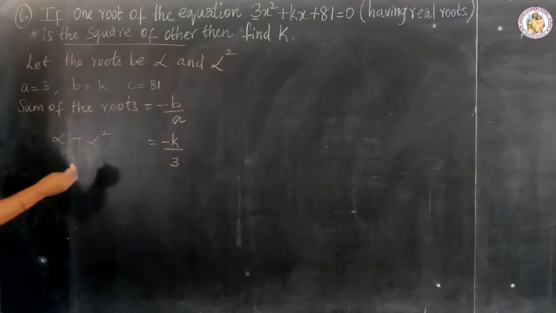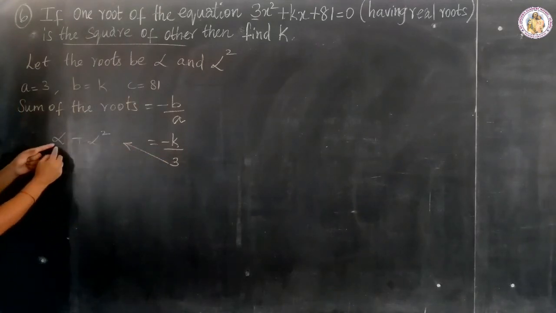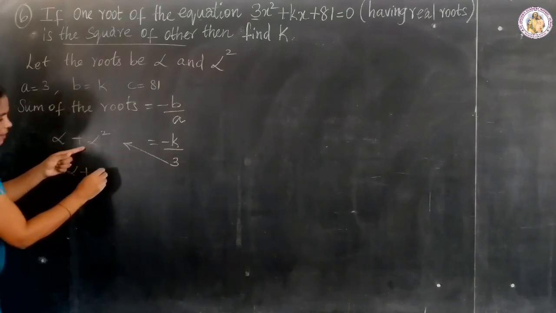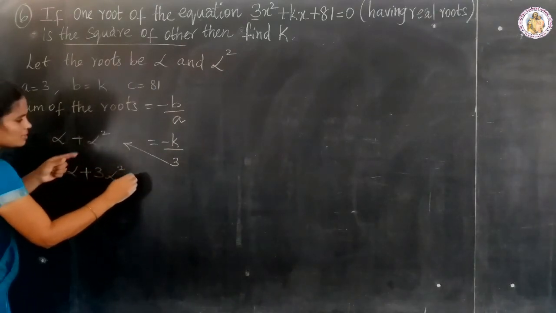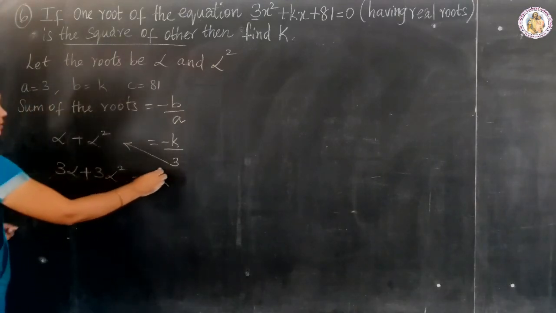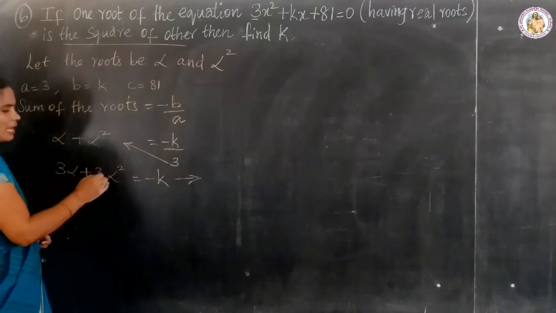Okay, now multiply with 3: 3 into alpha, 3 alpha, plus 3 into alpha square, 3 alpha square, is equal to minus k.